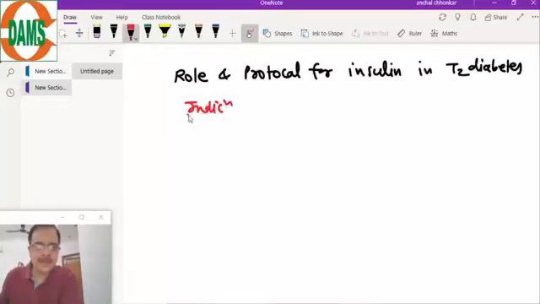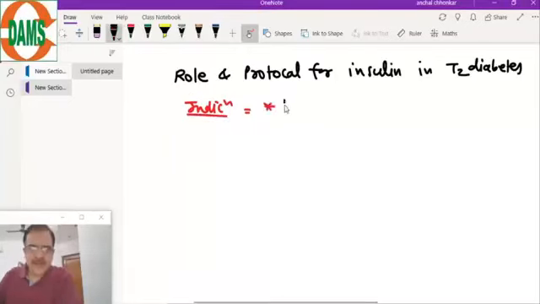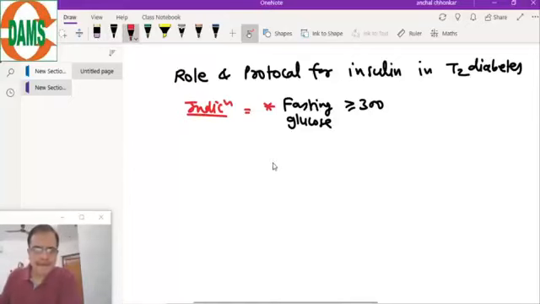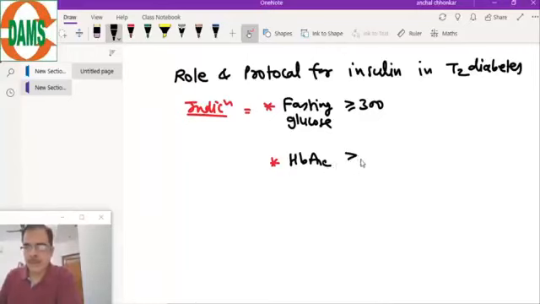Indications: first, fasting sugars more than 300, fasting glucose. Second, HbA1c more than 10%.